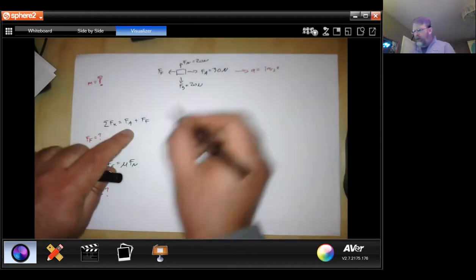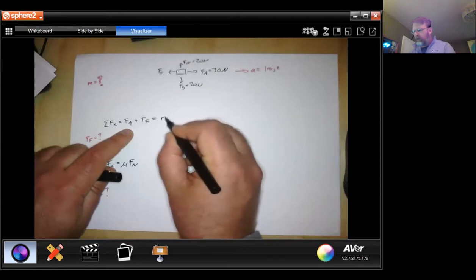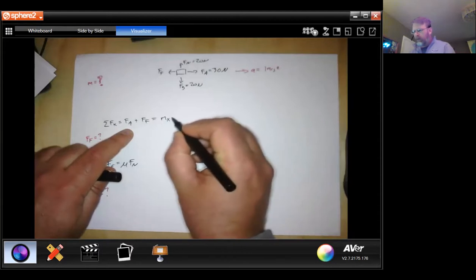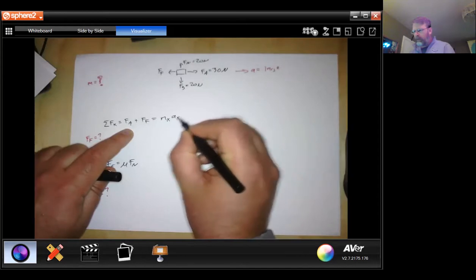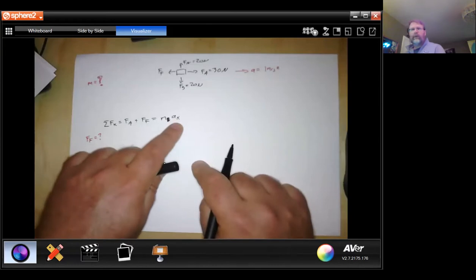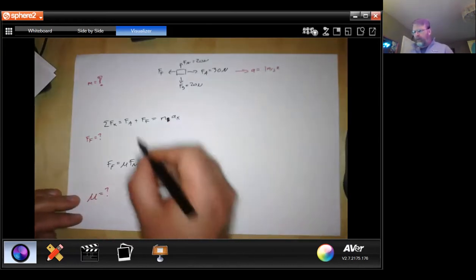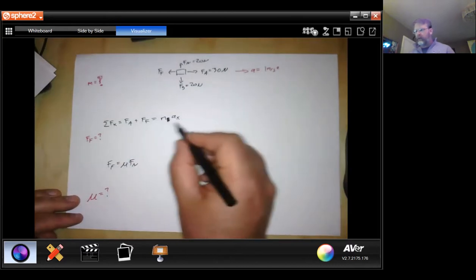The question here is, those two do not equal 0. Those two equal mass times acceleration in the x, because that is Newton's second law, F equals ma in that direction.